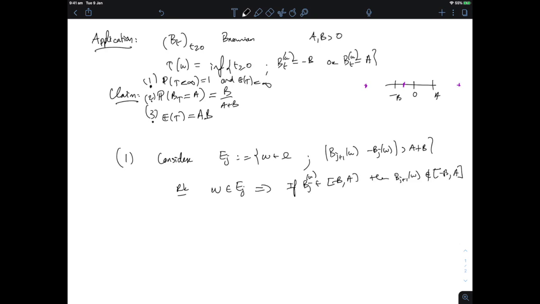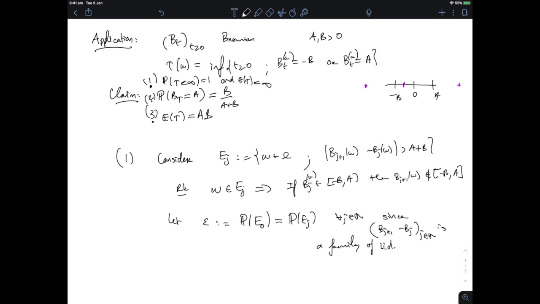So let's give a name to the probability of E_j. Let's call that epsilon. And notice that this is independent of j, because the increments of the Brownian motion are IID Gaussian variables. So this is equal to P of E_j for all j, since B_{j+1} minus B_j, as a family indexed by n, is a family of IID variables.